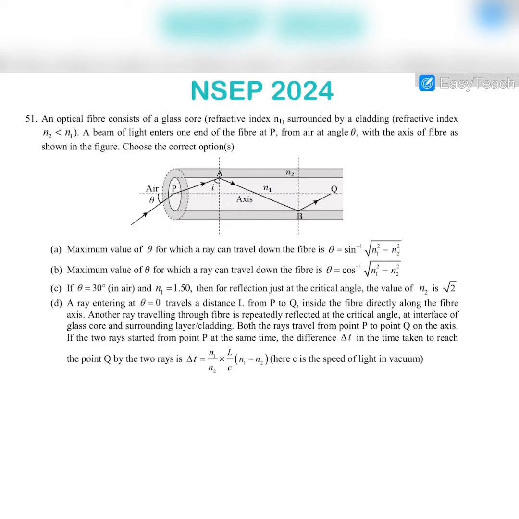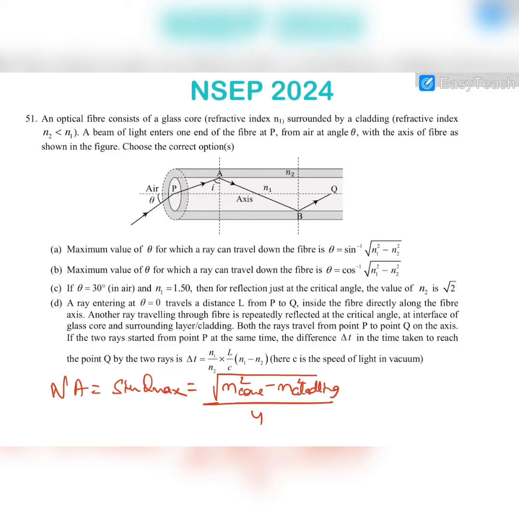We have already discussed the numerical aperture of an optical fiber, which is sine of this theta max. Now this is under root of n of core square minus n of cladding square, divided by n of surroundings.